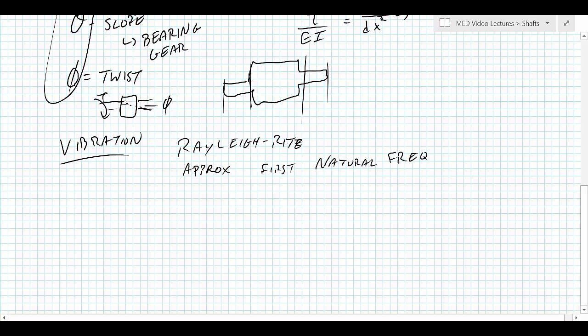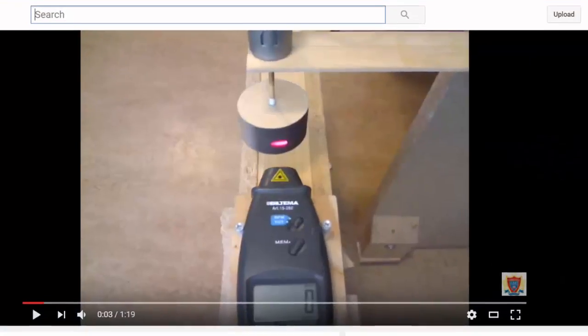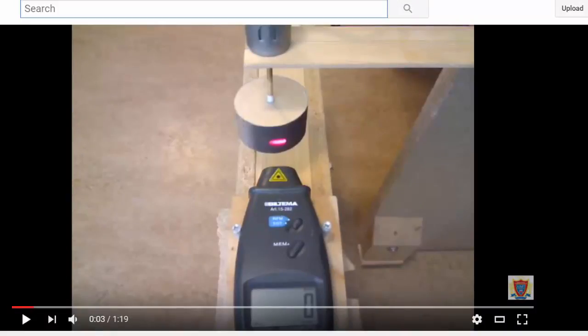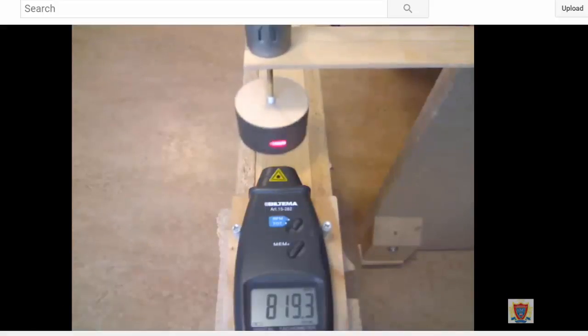So for a little example, watch the RPM on the bottom of this and wait for the excessive vibration. There it is. You see about 400 RPM. There it is. 2000 RPM.